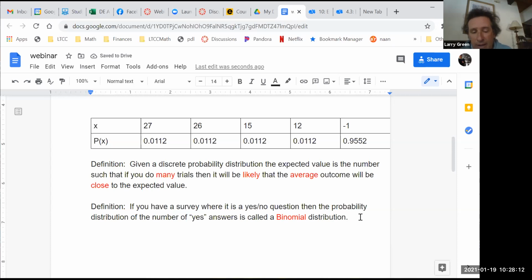Okay, and note that for this, the probabilities of yes must stay consistent.